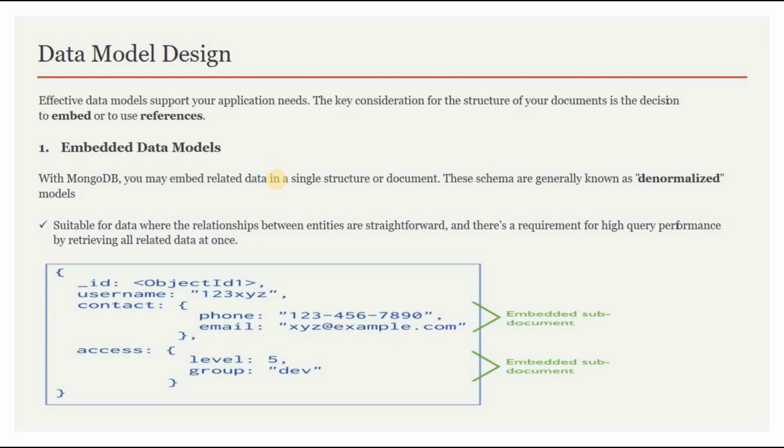So you can see here the user document contains another object, which is the contact, which contains the phone and email, and the access, which has level and group. In this example, the contact and the access, which are sub-documents, we embedded in the user document. They're frequently accessed with the user, so that's why we can get the contact and access information with the user information in a single query.